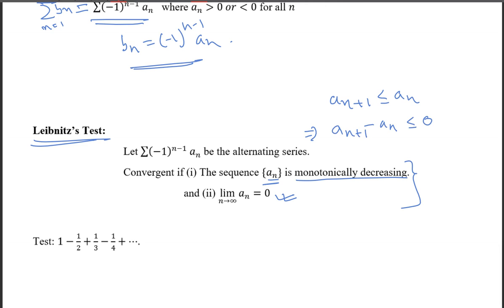If that comes, you can say it is a monotonically decreasing sequence. If it is greater than 0, then the sequence is monotonically increasing. Or you can reverse it: find an minus a(n plus 1), which will be greater than or equal to 0. Then we say it is monotonically decreasing.